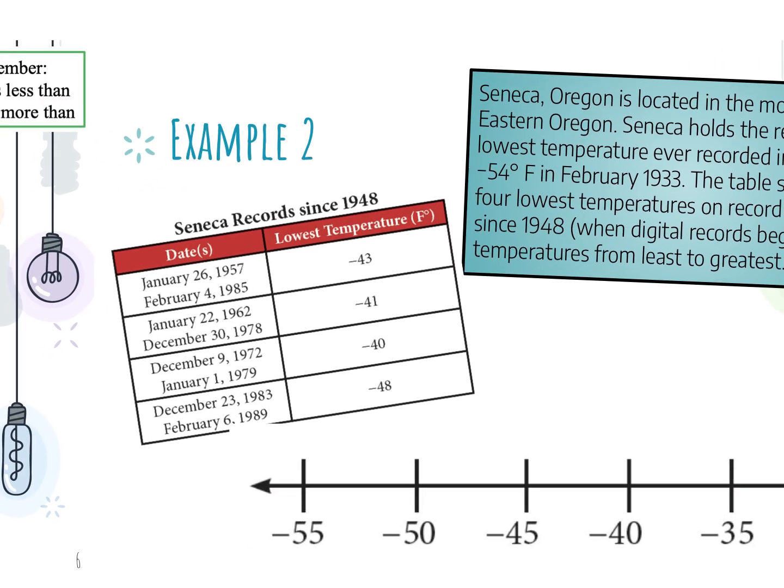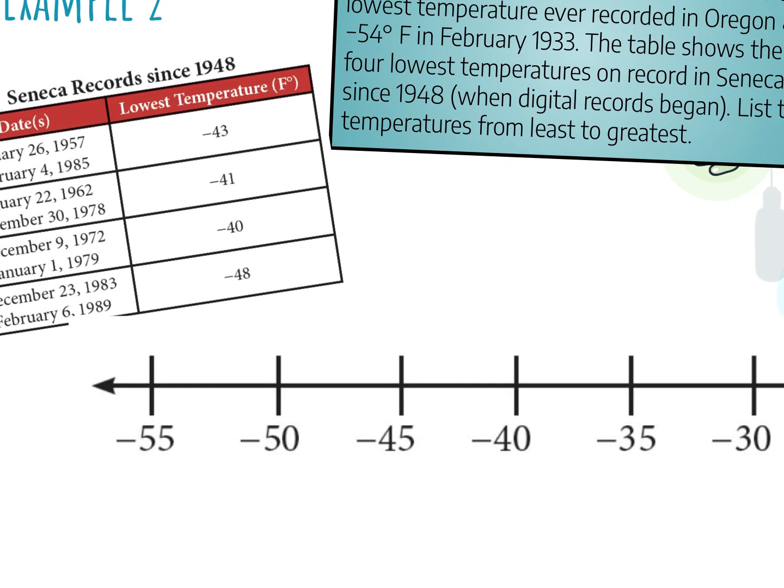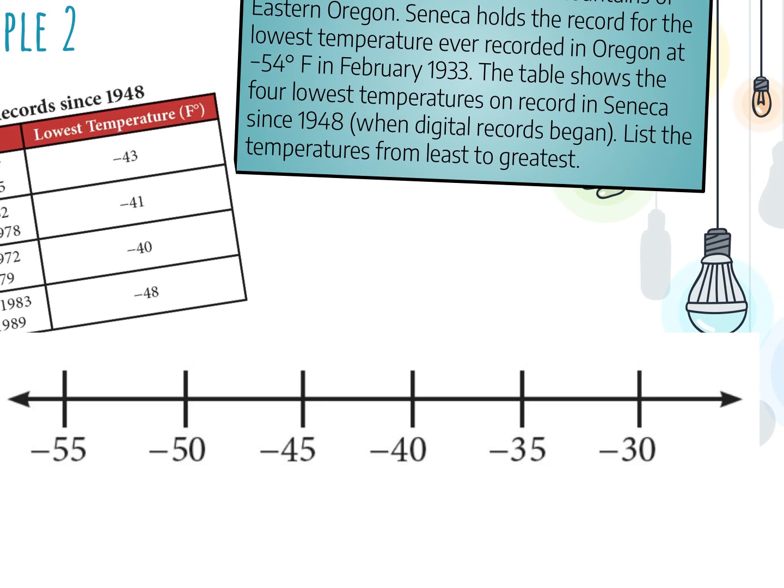So if we take a look at the table, we see the dates in which these lowest temperatures were recorded. For example, back in 1957 and 1985, the lowest temperature was negative 43. 78 and 62, it was negative 41. So what we're going to do is we are going to place these numbers onto our number line in order to figure out which is the least, which is the greatest.